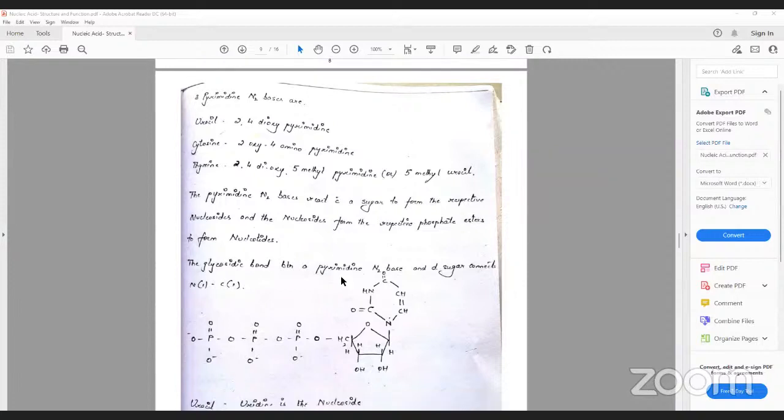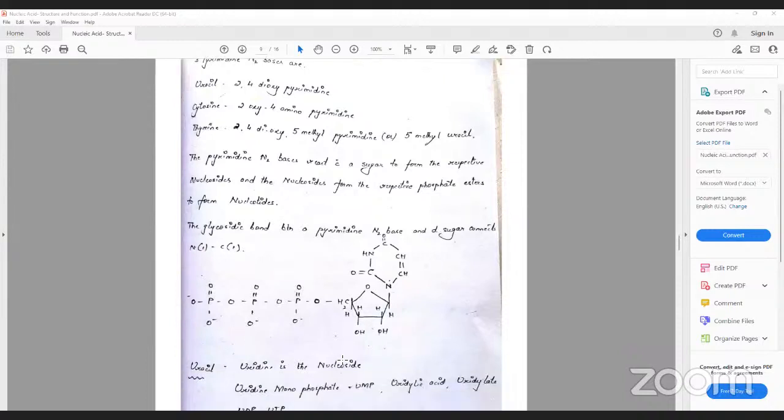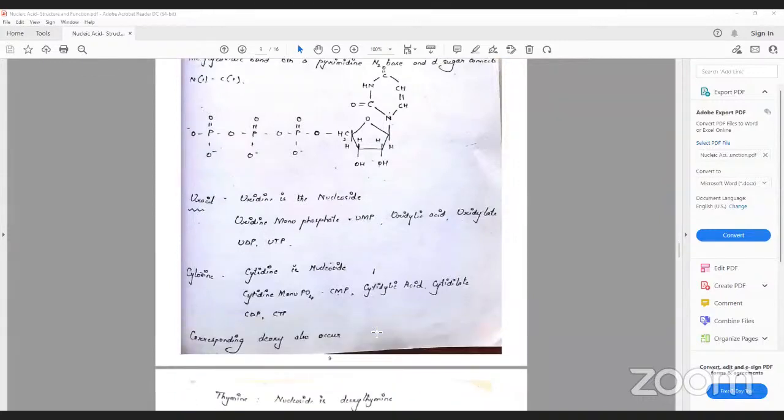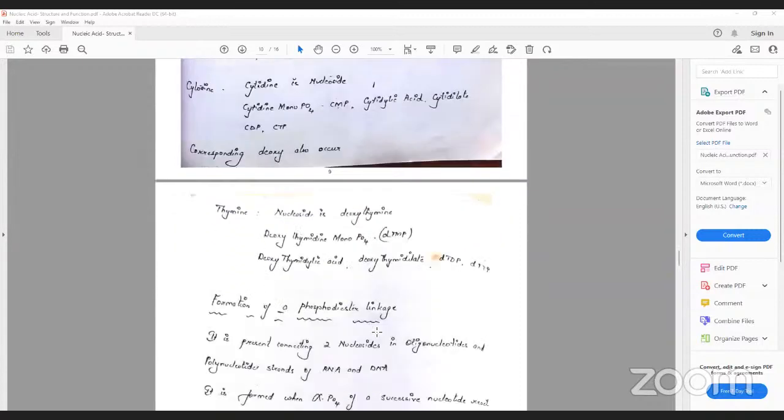But here the glycosidic bond between the nitrogen base and sugar is different: in purines the 9th nitrogen was involved in linkage, whereas here the first nitrogen is involved in linking with the first carbon of the ribose ring, and the NTP story will remain the same. Coming to uracil, the nucleoside and nucleotide forms, you can just go through it. It is not very difficult to understand.